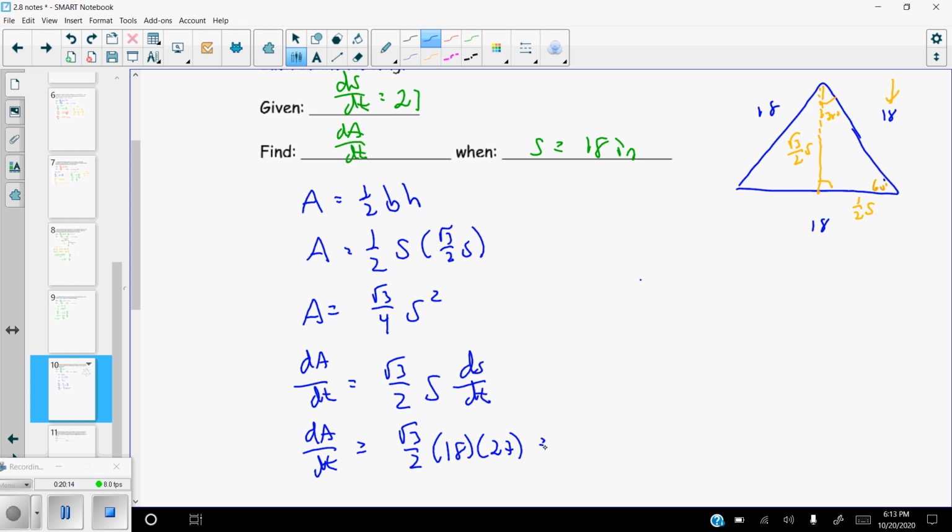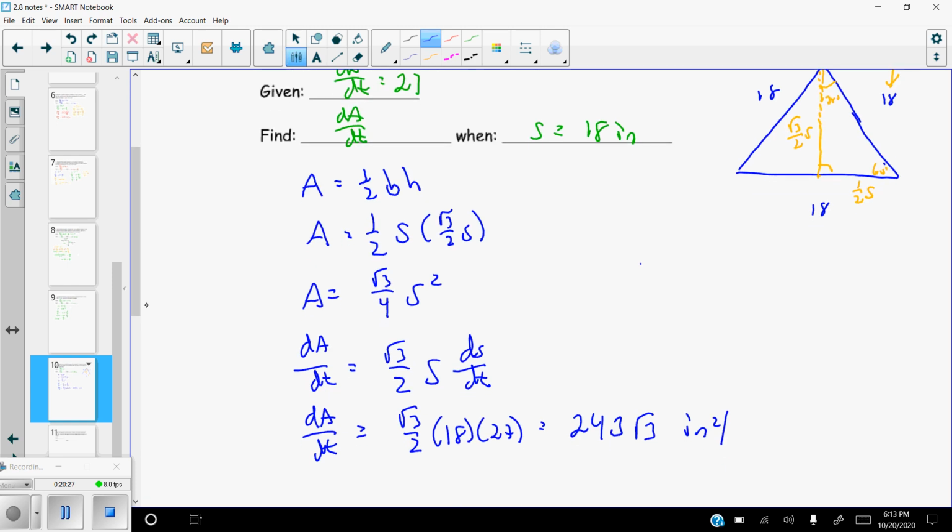Times 3 more is 243. So we're going to get 243 square root of 3, and it is how area is changing. So that'll be inches squared per, what was this, second. So the area is changing at 243 square root of 3 inches squared per second.